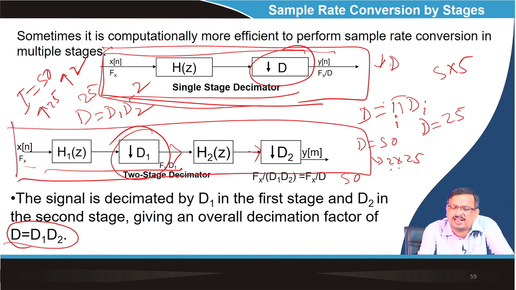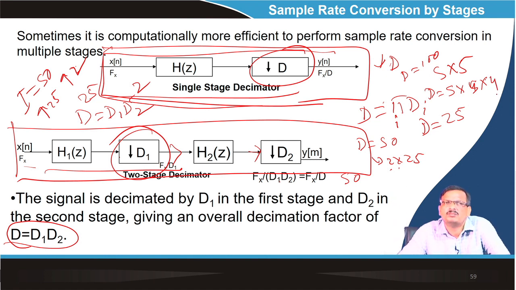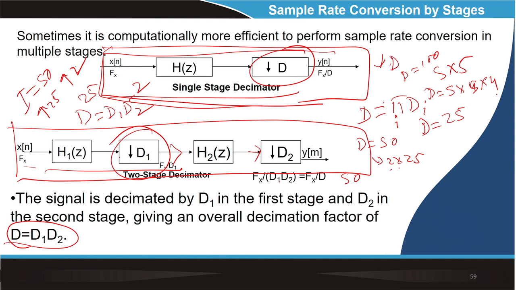So, D can be, let us say D equal to 100, D equal to D1 into D2 into D3, that means 5 into 5 into 4, may be possible, or 5 and 4, or 25 into 4. So, if D permits decomposition, and I decompose it, then the order of the filter will be lowered. In the next class I will give you the example of how the order of the filter is lowered and that advantage is taken.